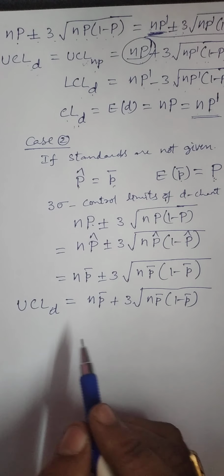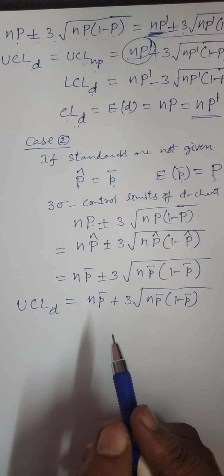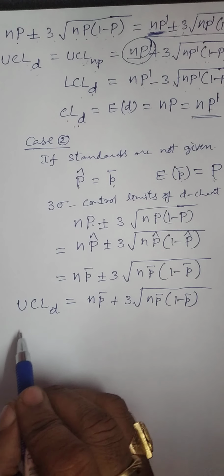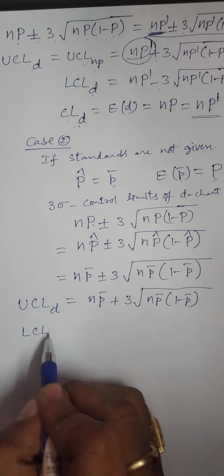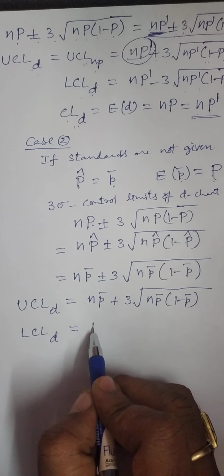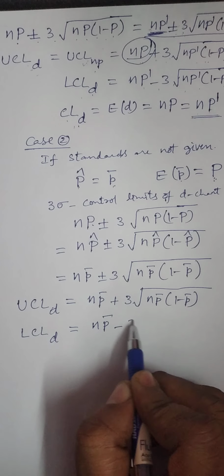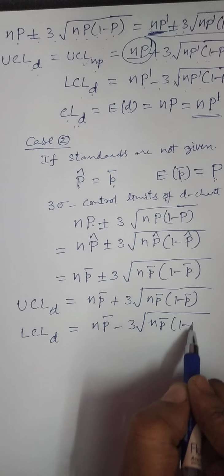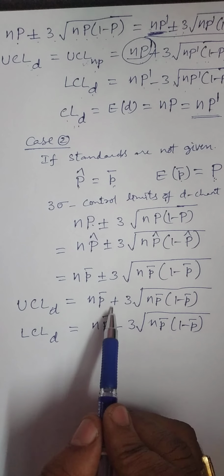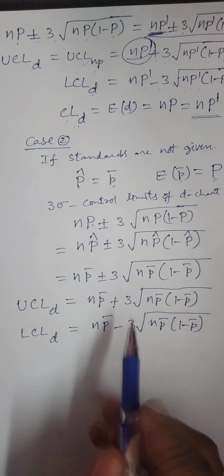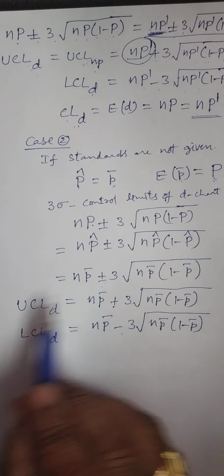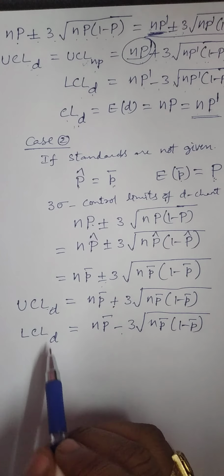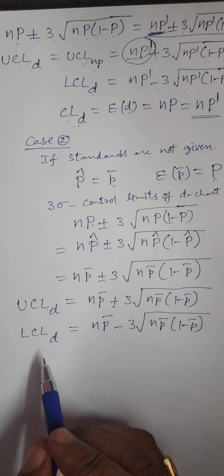We know the formula, summation Pi by K or summation Di by summation Ni. This is the first formula. And then LCL of D is NP bar minus 3 into square root of NP bar into 1 minus P bar. With plus sign UCL, with minus sign LCL. There are two control limits, UCL and LCL, the 3 sigma control limits.